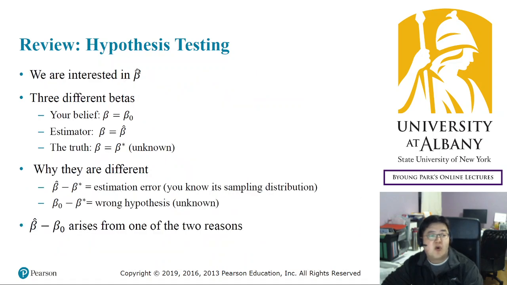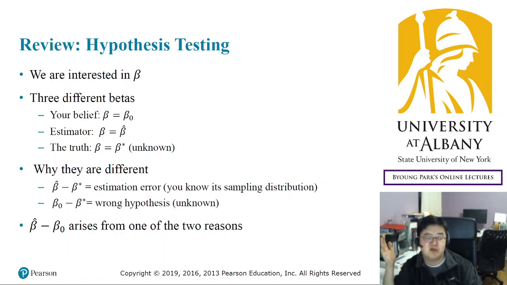Anyhow, under the same beta, beta can be interpreted in different ways, and there are three different betas in our analysis. First, the first value of beta is what you believe in your hypothesis. So in my hypothesis, I believe that, say, lowering the student-to-teacher ratio by 1 unit will increase the test score by say 2 points.